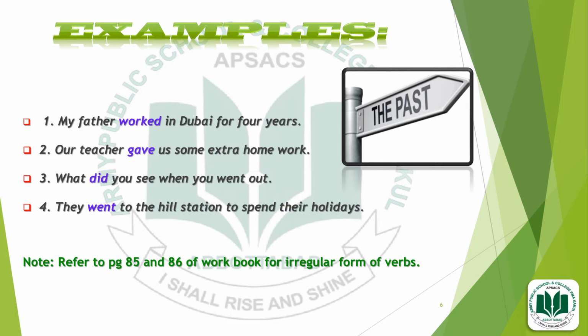For example, go. Second form of the verb is went, and the third is gone. Go, went and gone. If you see, second and third forms are different from the first form. So these are known as irregular forms of the verbs.